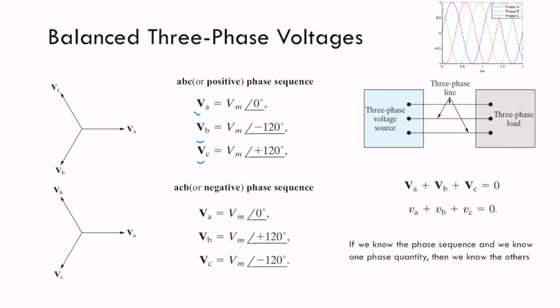So we can say we have phase A as a reference at 0 degrees, and then we just need to shift 120 degrees. There are 2 ways of shifting: we can shift the second phase lagging, or it could be leading. Depending on whether it is lagging or leading, we call it ABC sequence or ACB sequence. It's called positive sequence when it's ABC, or negative sequence.